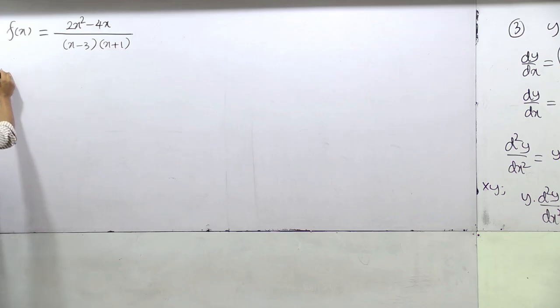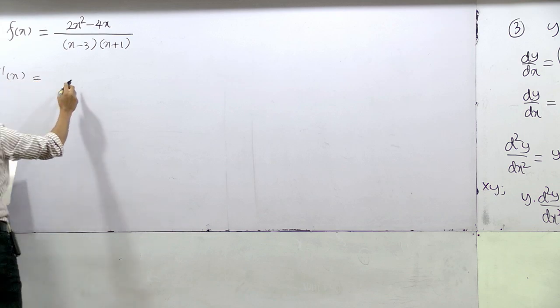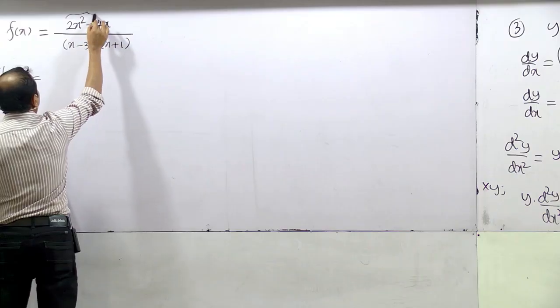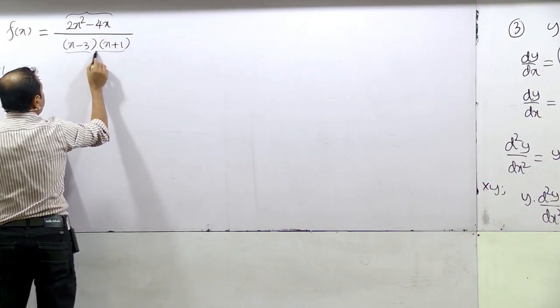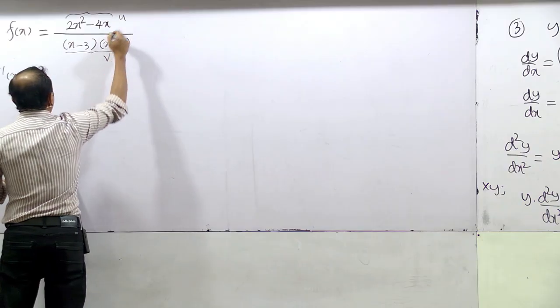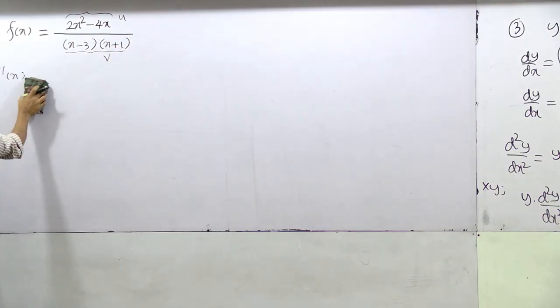Now we have to differentiate this to get f′(x). You have to follow the u upon v form, right, we have to follow that.